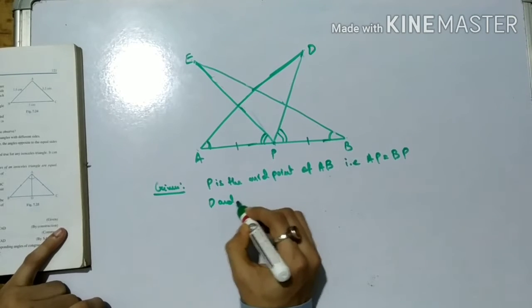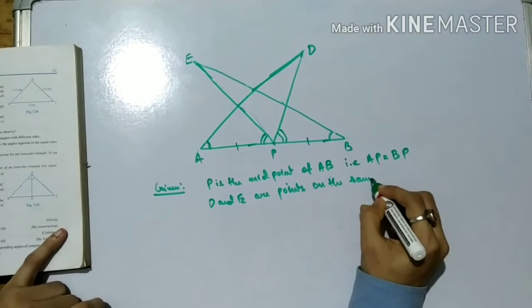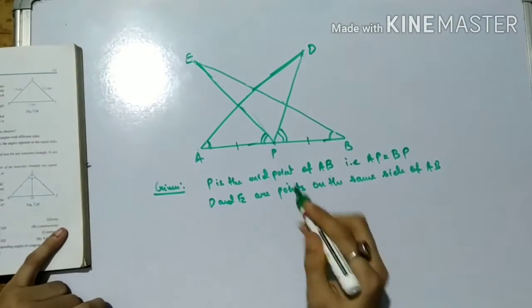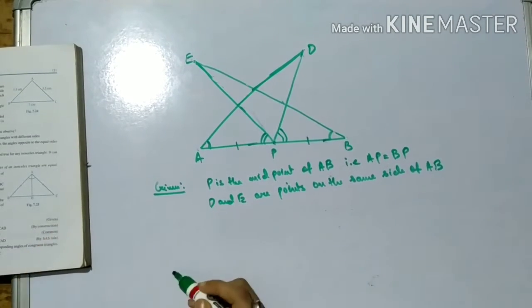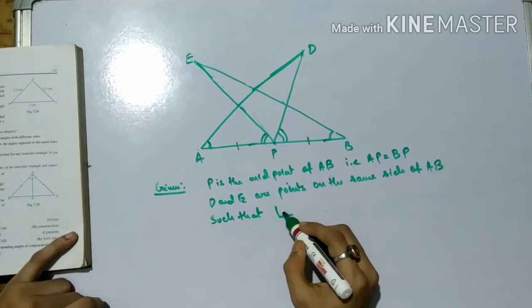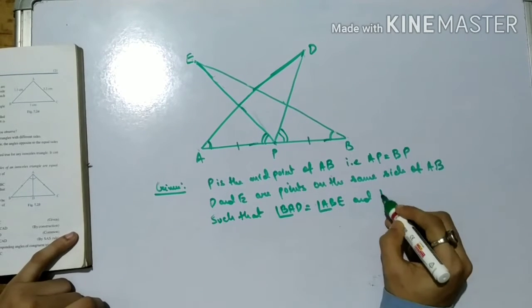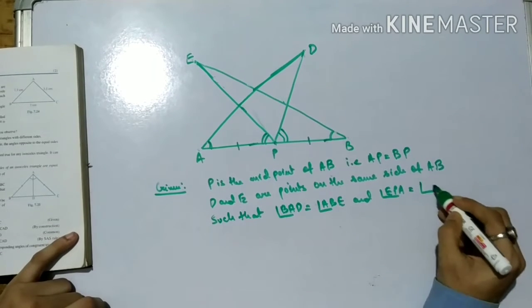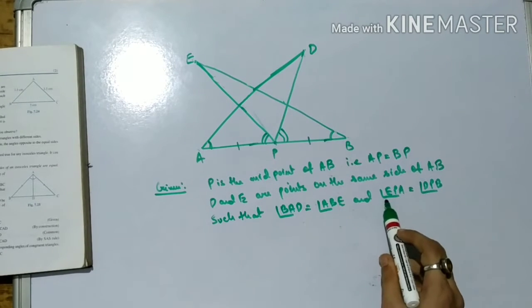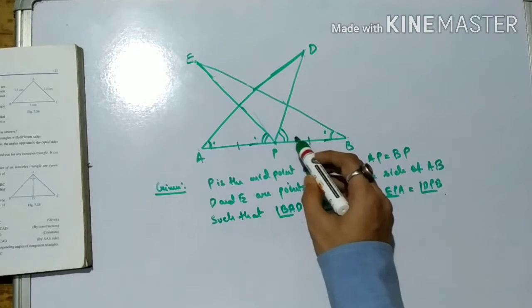Then next it is given D and E are points on the same side of AB, such that angle BAD is equal to angle ABE, and angle EPA is equal to angle DPB. This angle is equal to this angle and this angle is equal to this angle. It is given.